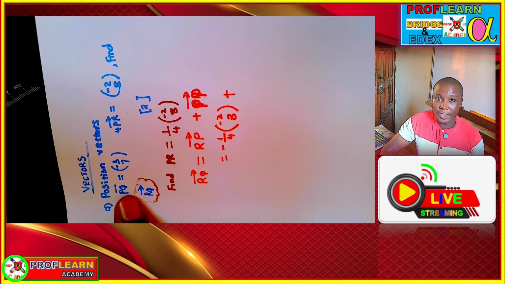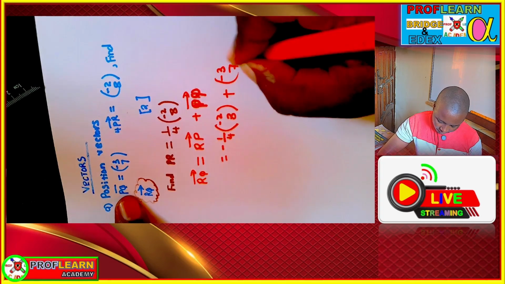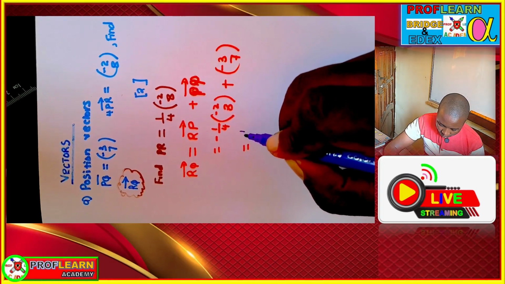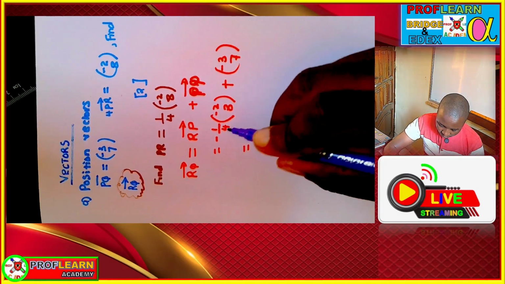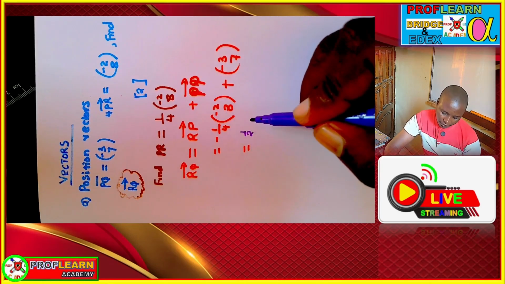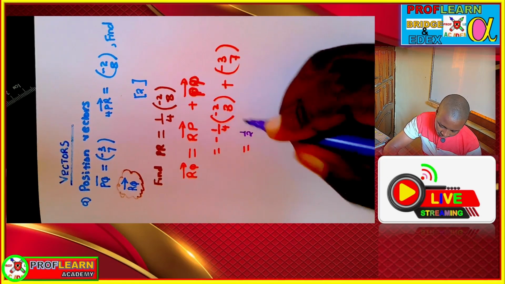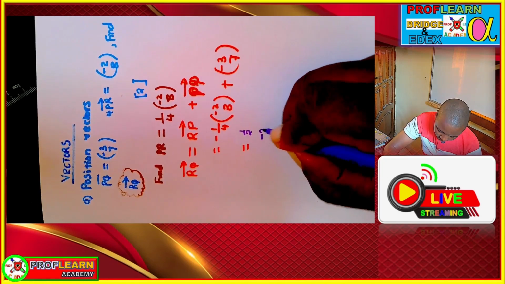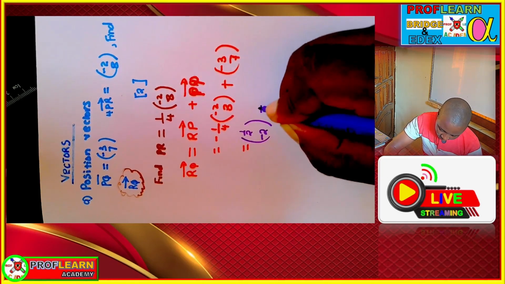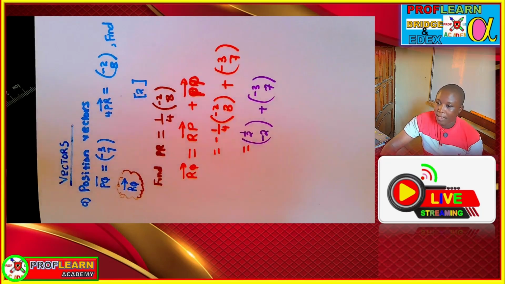PQ was given as -7, -37, 1/2, because if we multiply, this and this will be 1/2. If we multiply here, it will be -2, then plus -3, 7 at that point.